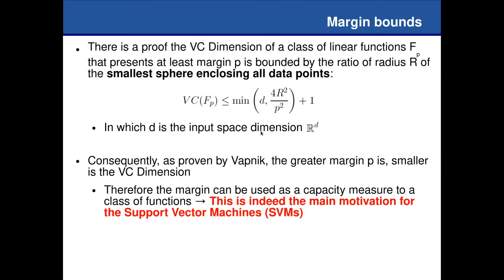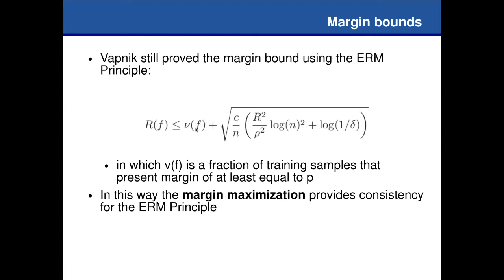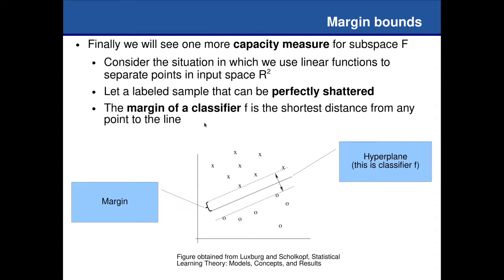So this nu of f over here is the fraction of training examples, or of course the fraction of points of my sample that lie inside that street. I mean, if I've got those 3 points inside the street, my fraction of elements of the input sample that lie inside the margins would be 3 over the total number of points we have in here.